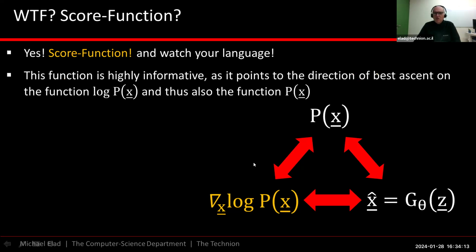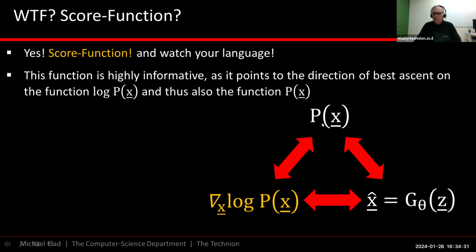And the first intuition I want to draw your attention to is the fact that if P of X is a function that has valleys and hills and valleys, basically of low and high probabilities, then log of P of X looks very similar because log is a monotonic function.